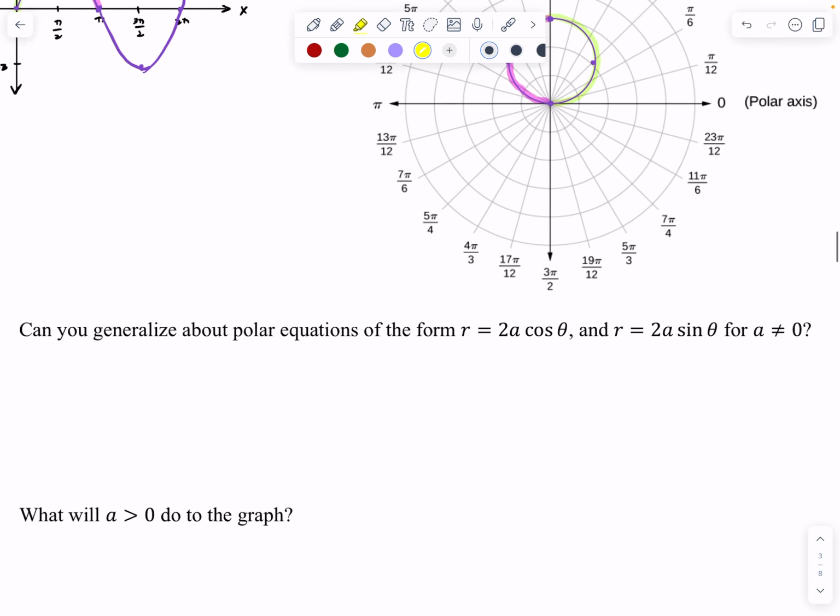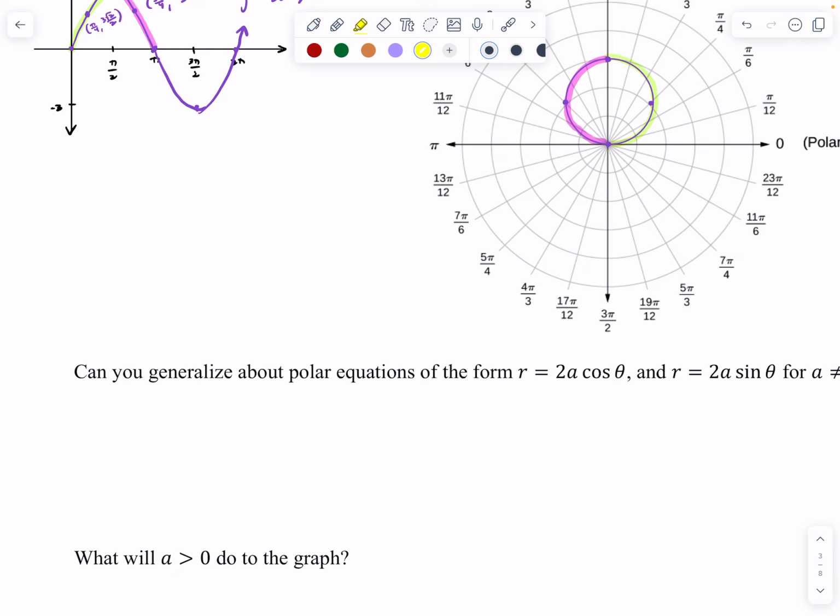So thinking about what we can generalize about these equations, well, all of their graphs are circles, right? They're circles with a radius based on how these equations are written. The radius is a, and the diameter is 2a.